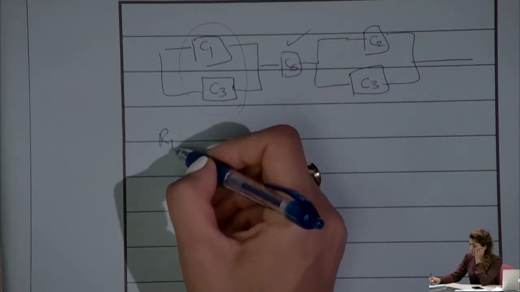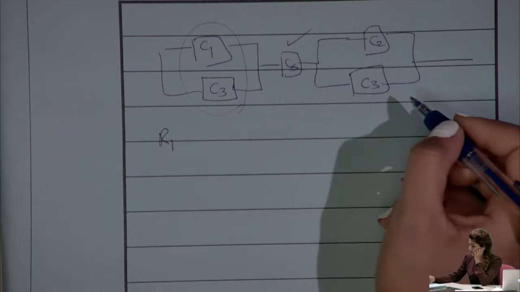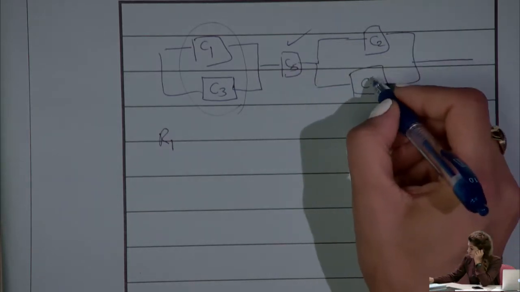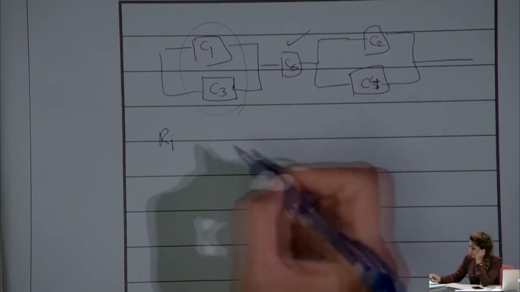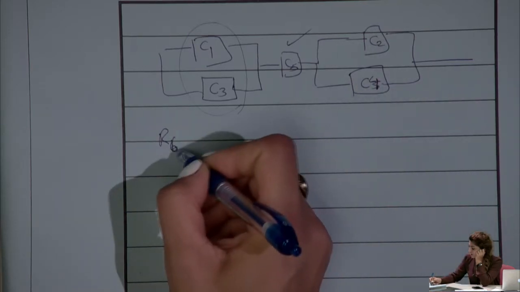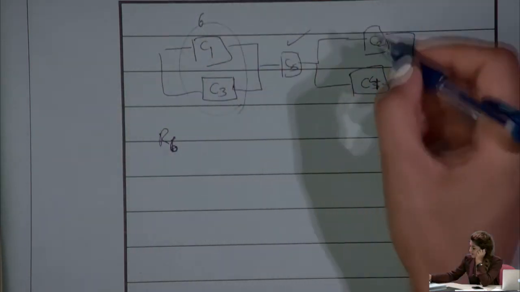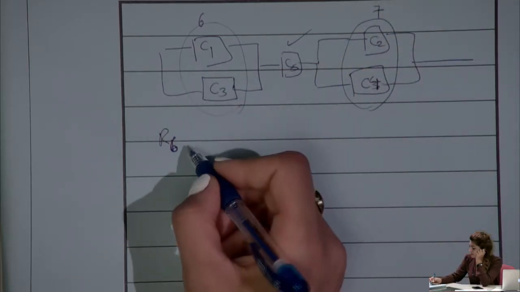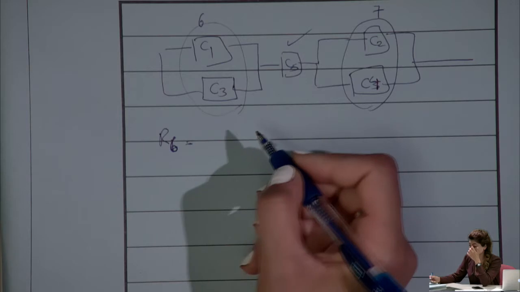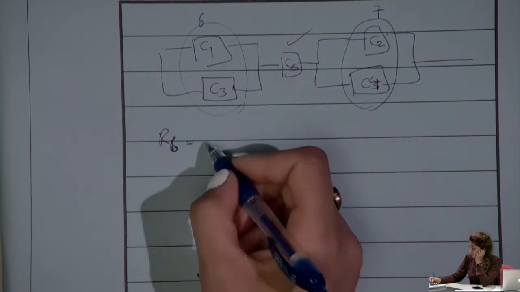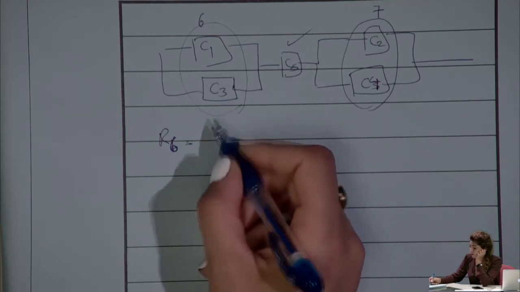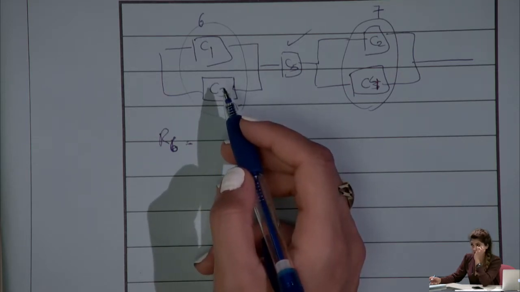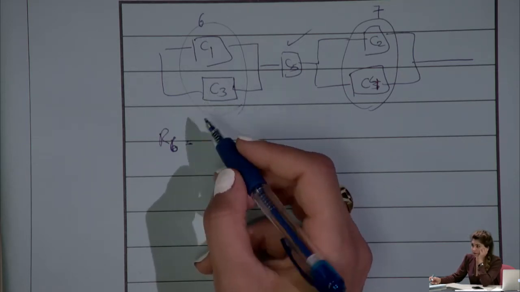Let's call this block 6, and this is block 7. So you can say the block 6 reliability is equal to the reliability that at least one of them works, or 1 minus the probability that none of them works.